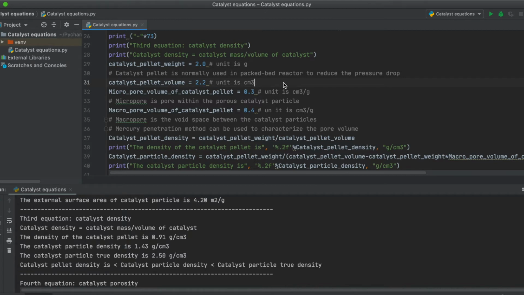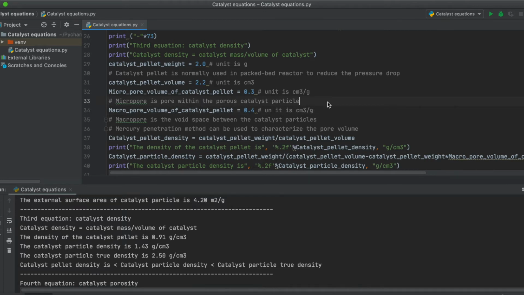So for this catalyst pellet, we know the weight is 2.0 gram, and the pellet volume is 2.2 cubic centimeter. The micropore volume of this catalyst pellet is 0.3 cubic centimeter per gram, and the macropore volume is 0.4 cubic centimeter per gram.